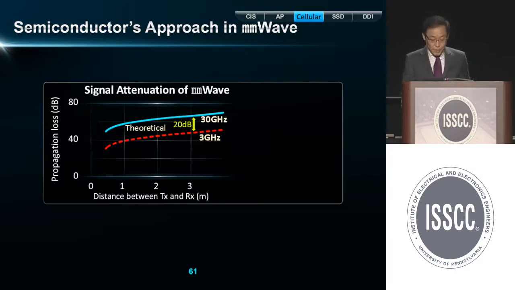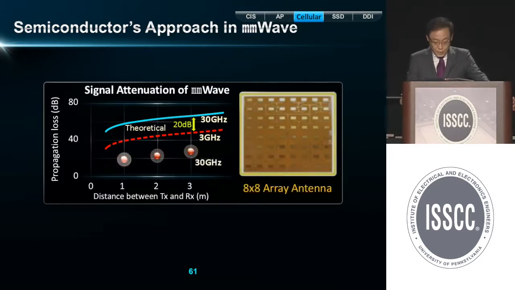To overcome this, millimeter wave system employs directive antenna array with 64 elements. With this, propagation losses are dramatically reduced to a level lower than that of 3 gigahertz as shown in the figure.